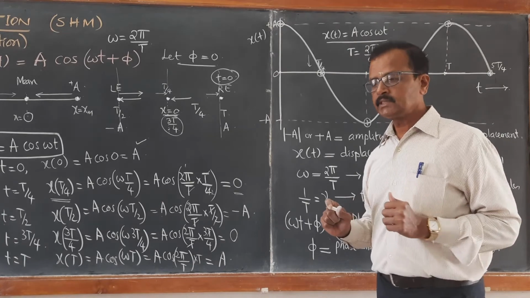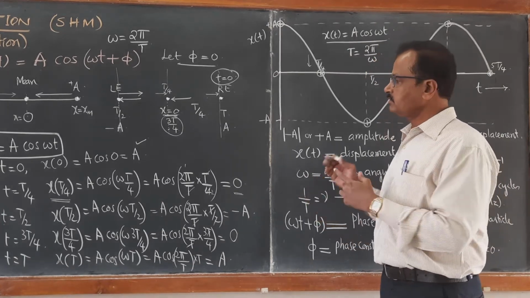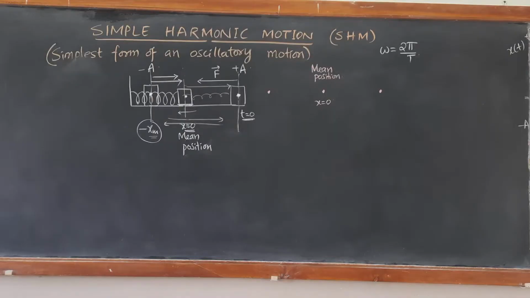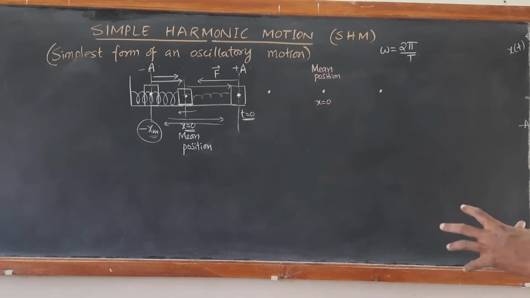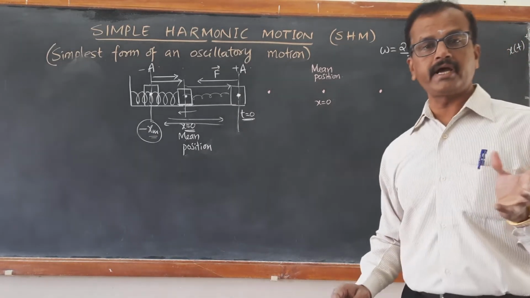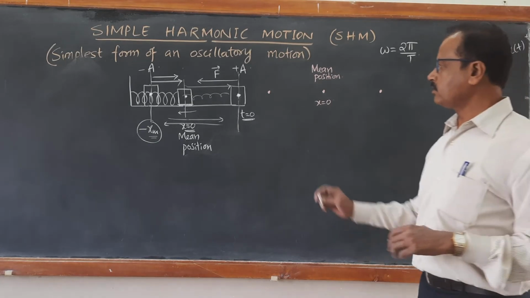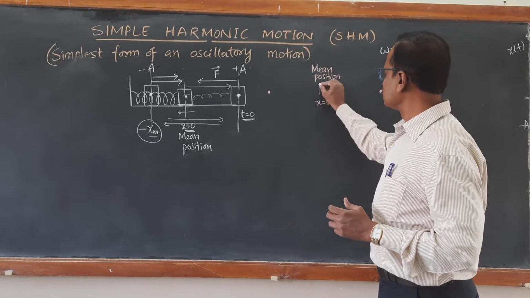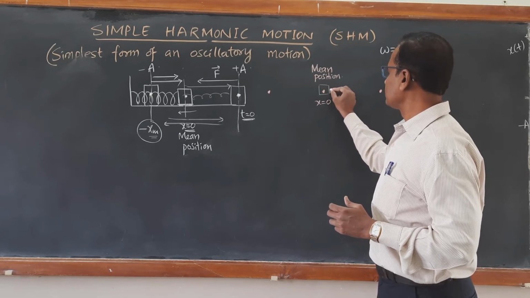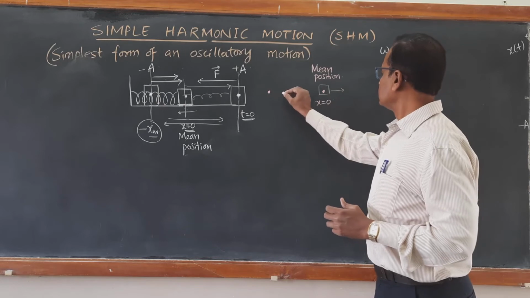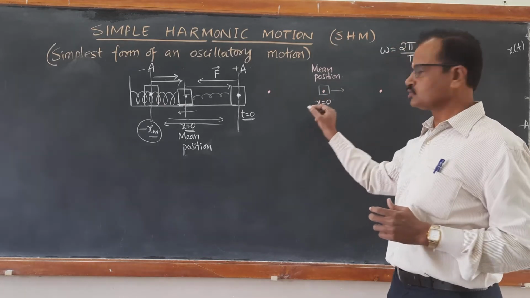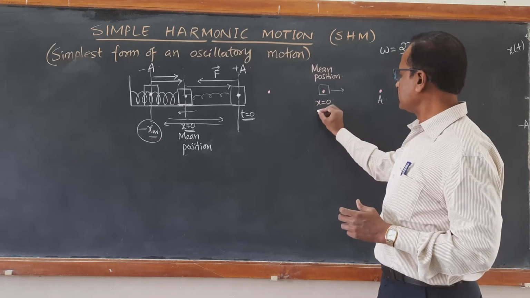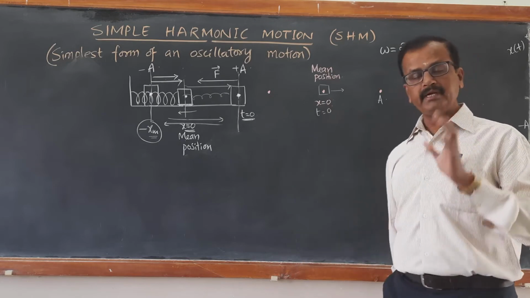Okay. Let us learn some more terminology on simple harmonic motion. Now let us see the meaning of another function, x of t equal to A sin omega t. Consider that the block is already set into oscillation, moving in the forward direction towards plus x m, or towards A, and we have started counting the time from the mean position.